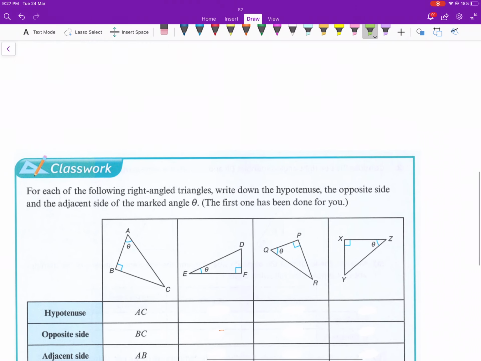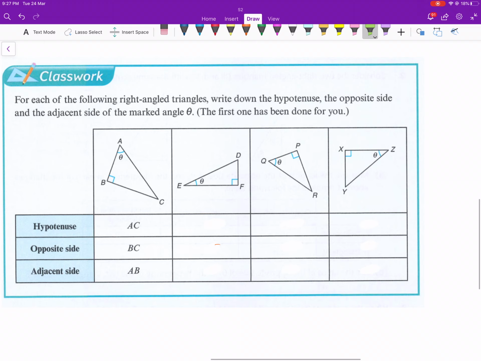And then let's do a classwork. So we recognize the hypotenuse first. The side opposite to the 90 degree angle is the hypotenuse.